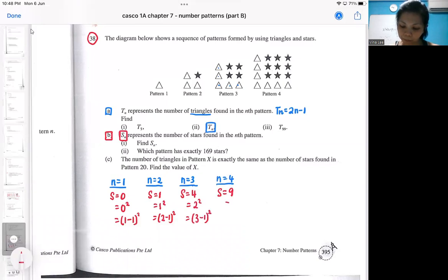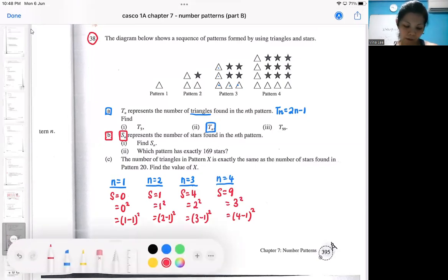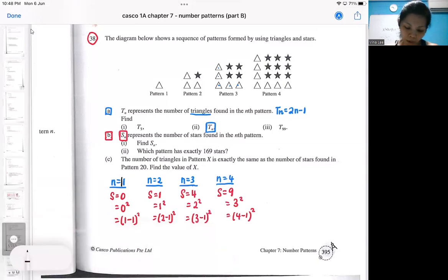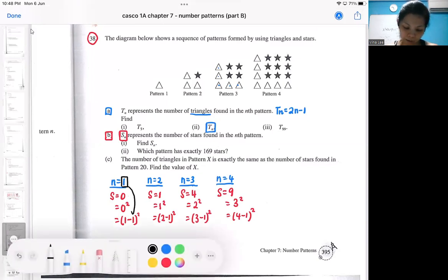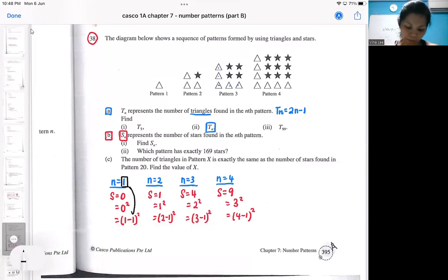So first of all, you realize that there is a square first. Then after that, you ask yourself, what has it got to do with n? So 0 is 1 minus 1.